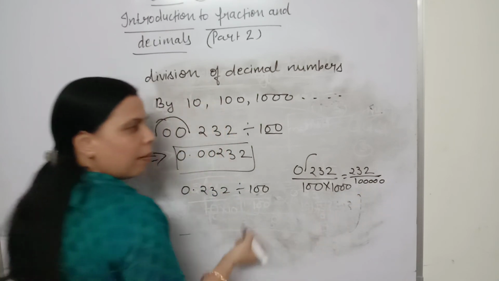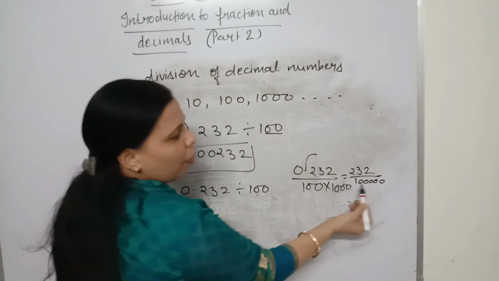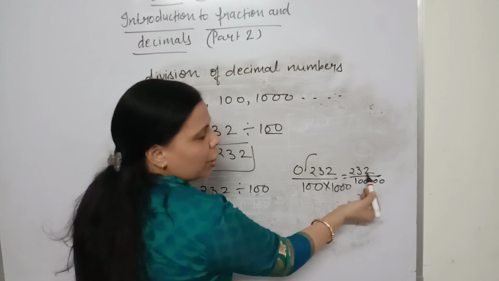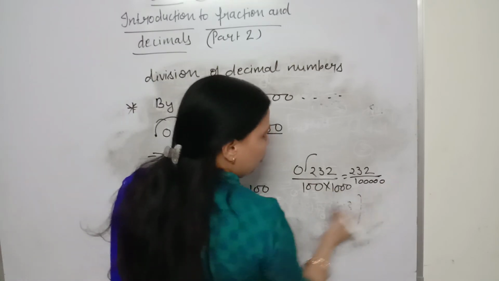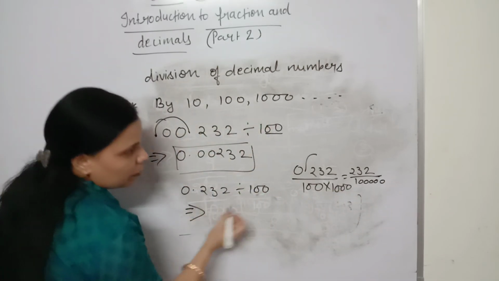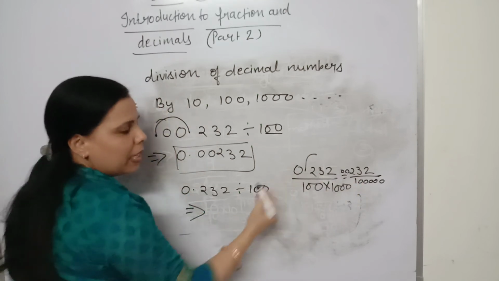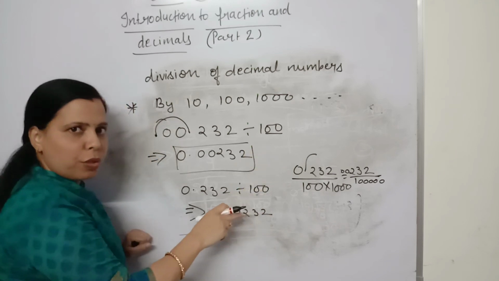Now, how to convert the same number into a decimal number? Count the number of zeros here. Here 5 zeros, but we have 3 digits only. How do we fill the requirement here? I'm writing 2 zeros on this side. So if you put them from your side, you will get the answer: 0.00232. Why have I put 2 zeros here?